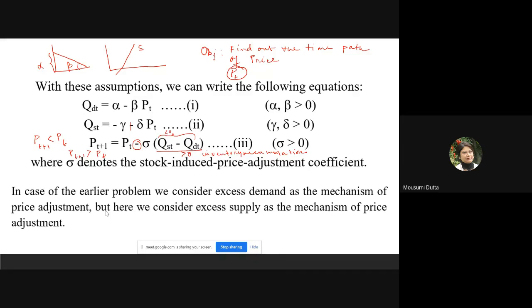Then take PT common. There are 3 PT in your equation. So take PT common and generate a first order difference equation. You will have PT plus 1, you will have PT with coefficient, and you will have a constant. Everybody is understanding what you need to do? Any question?